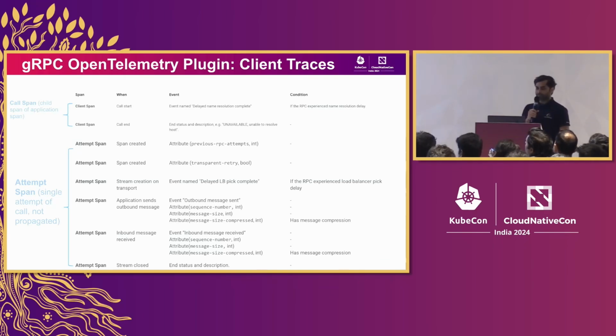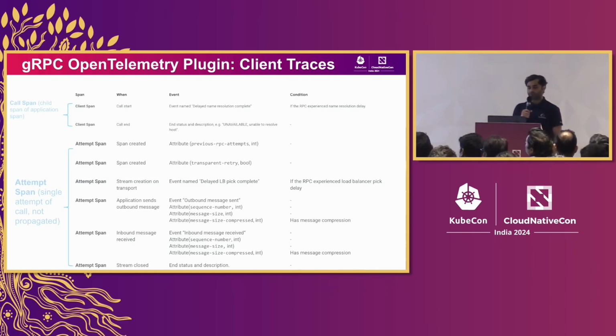And these attempt events in gRPC help users pinpoint the root cause of failed calls. So you saw there is a failed call, but you want to know what exactly failed or what exactly made it slow. So providing this information about retry attempt, it could be load balancing delays, message sizes, compression.